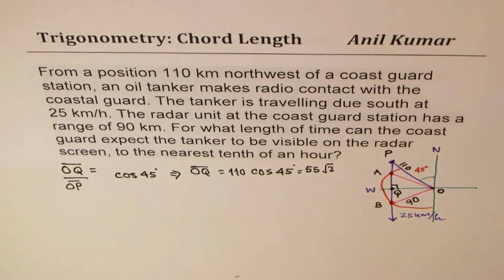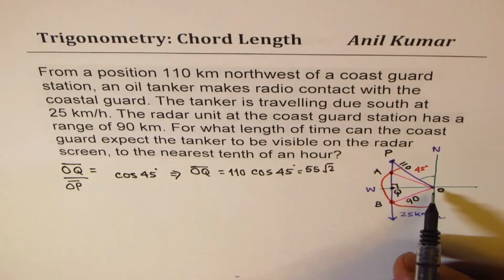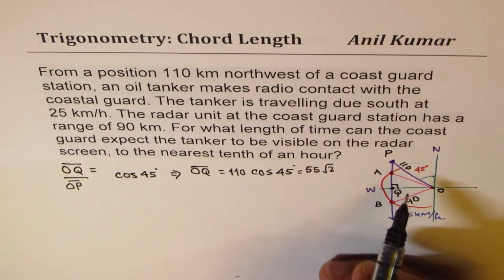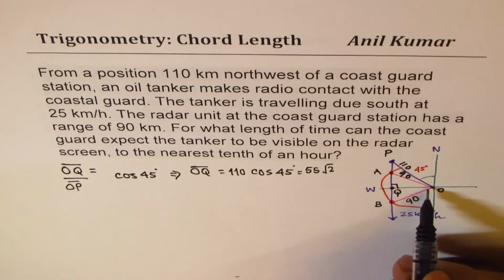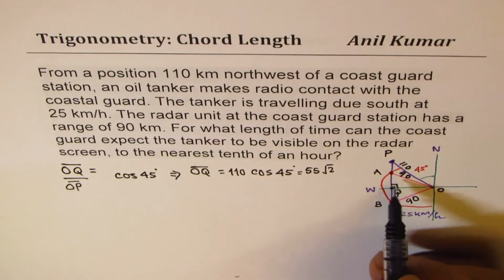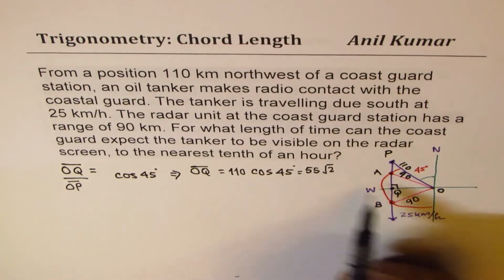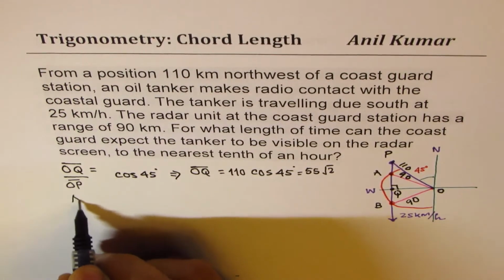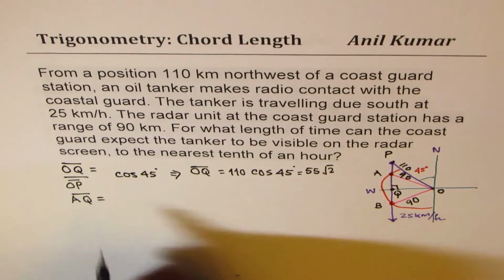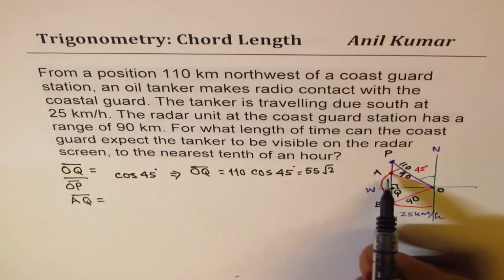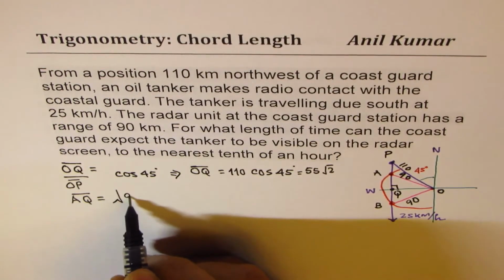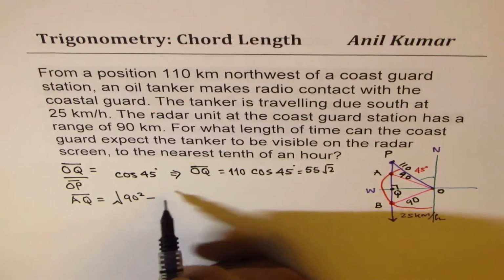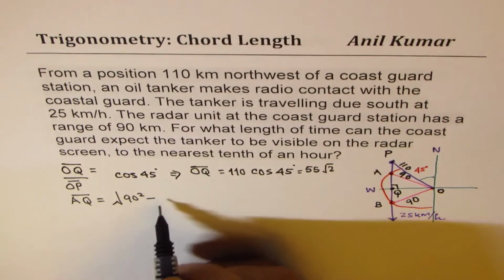Now once you know what OQ is, we also know that OA is 90. Since we know the base, and that is a right triangle, we can find what AQ is. So AQ is the square root of 90 squared minus this square.